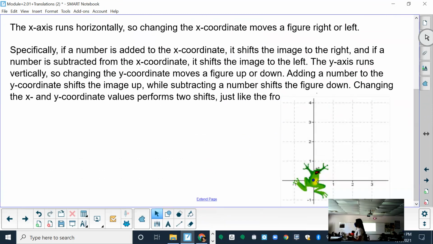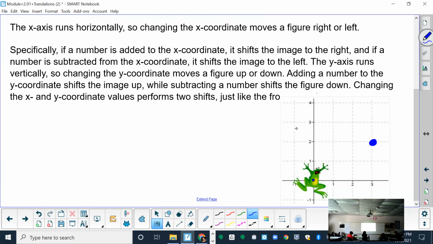The frog hops 3 spaces to the right and 2 spaces up. So it goes to the right 1, 2, 3, goes up 2 spaces, it ends up right here. This can be represented by a rule.